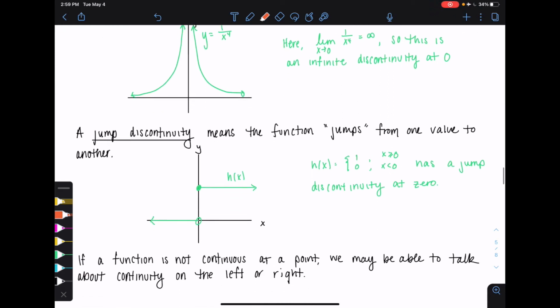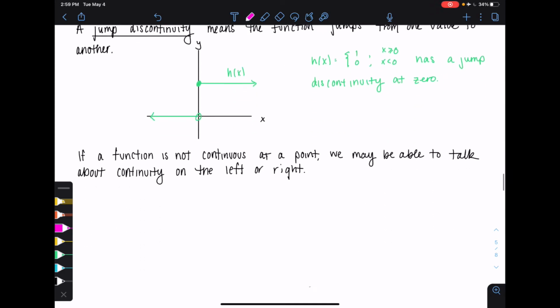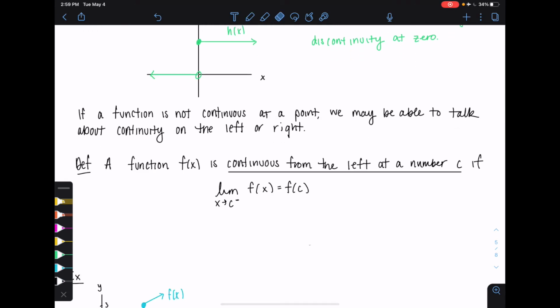So if a function's not continuous at a point, we may, though, be able to talk about continuity on either side. Because if I approach, say, 0 from the right here, I'm going to the actual output of the function. So I could say it's continuous from the right. This is our next definition.